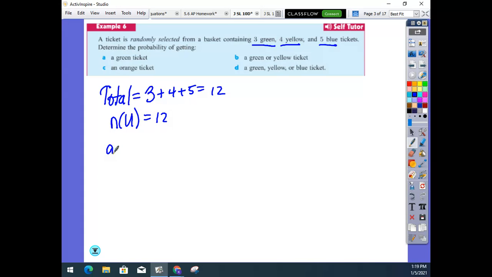For letter A, it's very important that you label what you're finding. Sometimes as you're doing your IB test, it isn't always clear which answer goes with which question. So you want to label this answer as the probability of green. The number in event A, green, is 3 out of the number in the universe, 12.